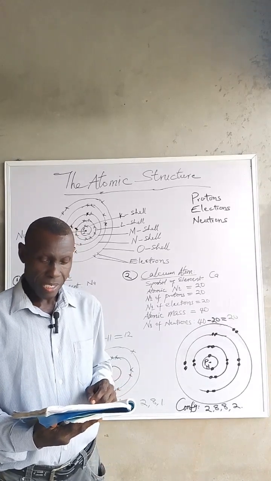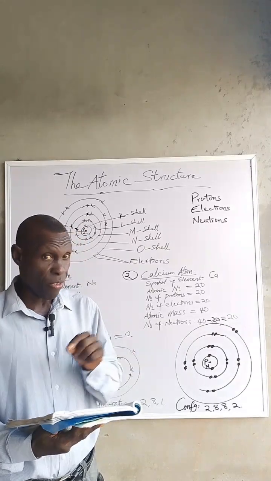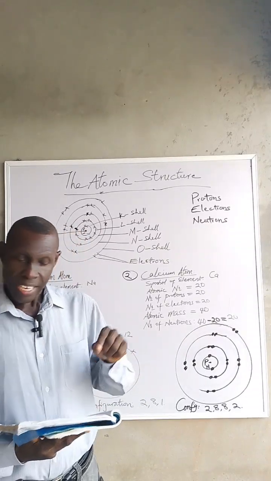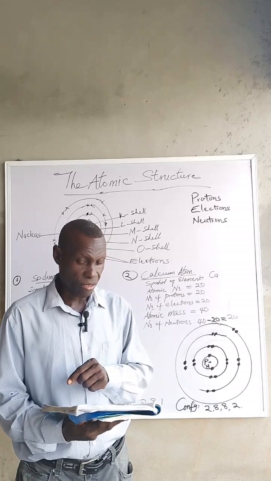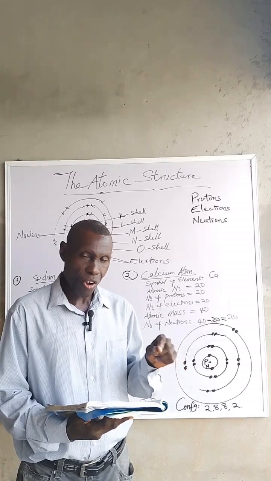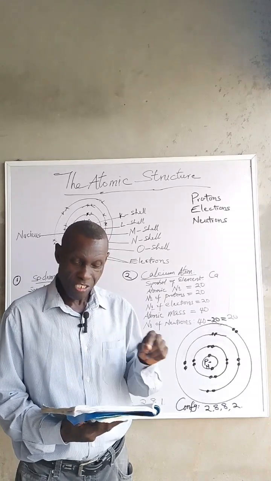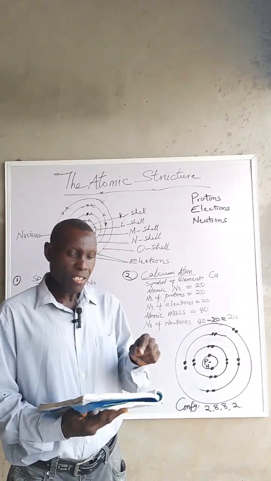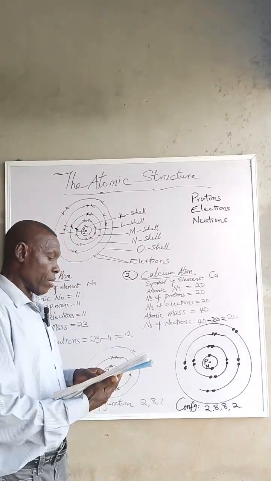Note also that the atomic number is always equal to the number of protons, and the number of protons is always equal to the number of electrons. The number of neutrons of the atom can be obtained by deducting the number of protons from the atomic mass. So let us now see the atomic structure of sodium atom and others.